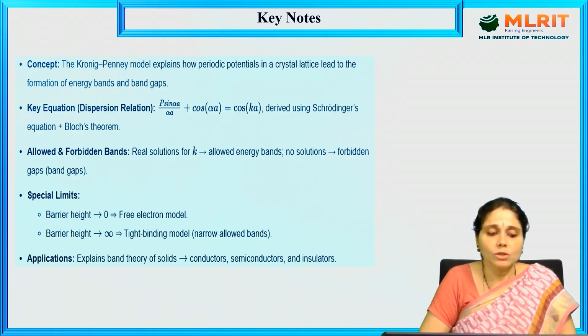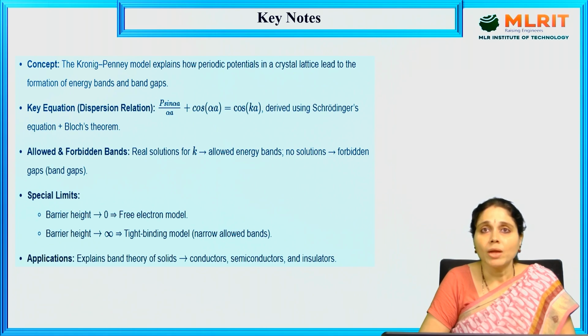The key equation is P sin alpha a by alpha a plus cos alpha a equals cos Ka, derived using the Schrodinger equation plus the Bloch theorem. Real solutions of K give allowed energy bands; no solutions give forbidden gaps. Special limits: barrier height 0 gives the free electron model, and barrier height infinity gives the tight binding model with narrow allowed bands.